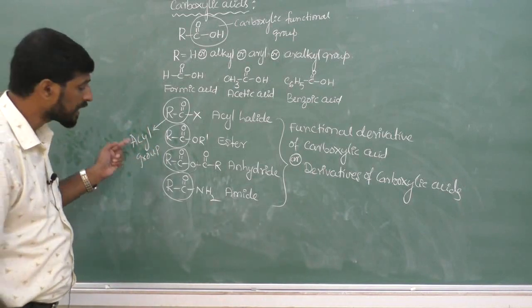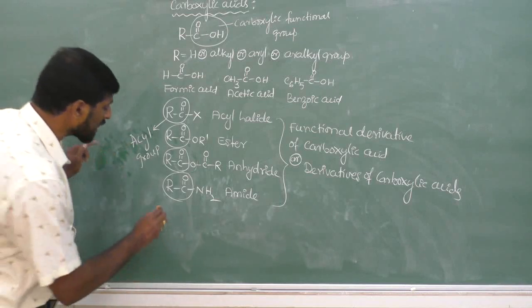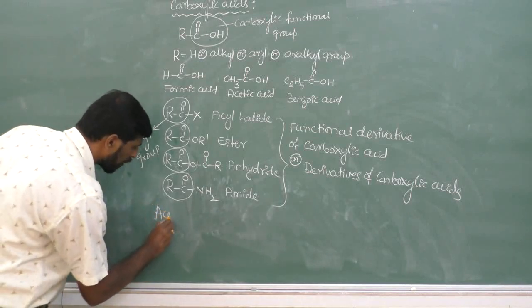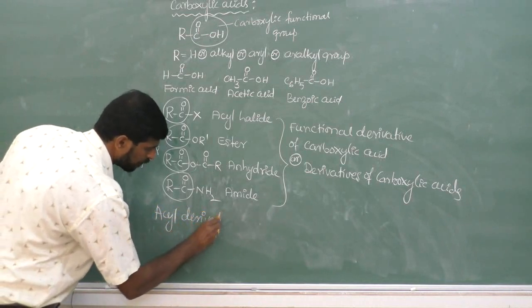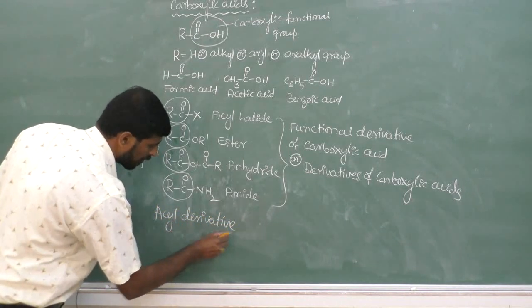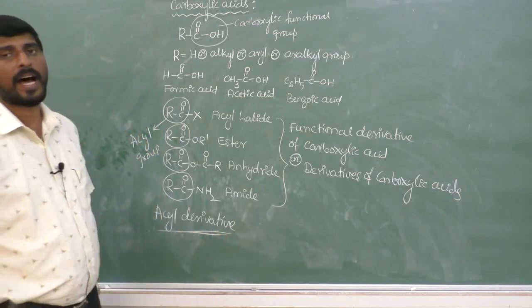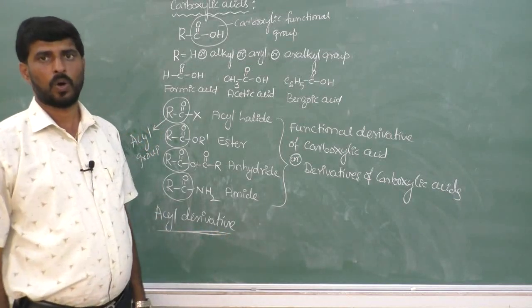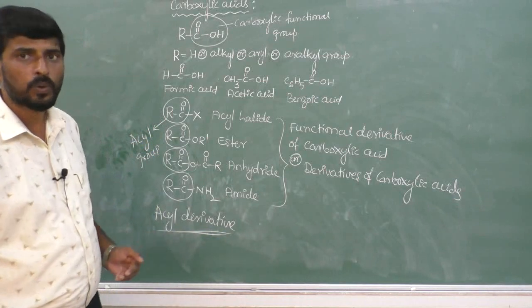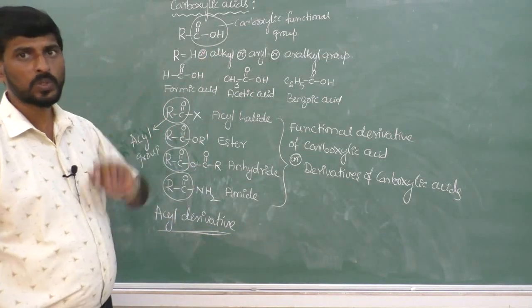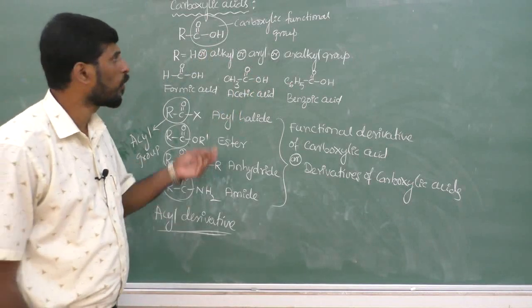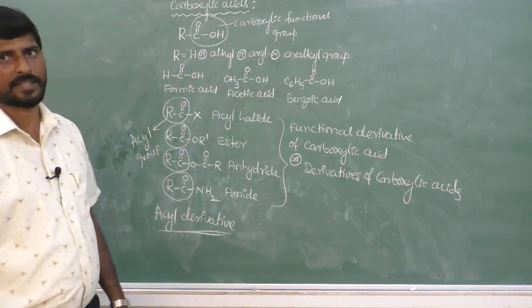That's why these are also known as acyl derivatives. Okay. Now what we will do? First we will discuss the aldehydes and ketones. Later we will move on to carboxylic acids.